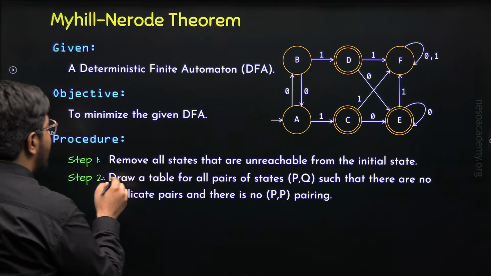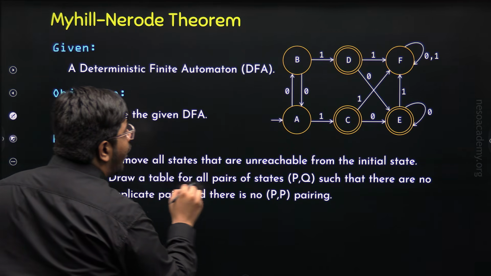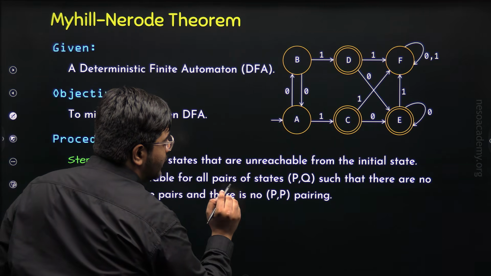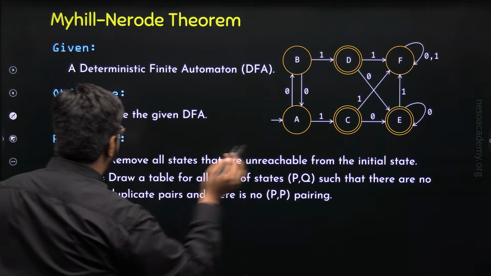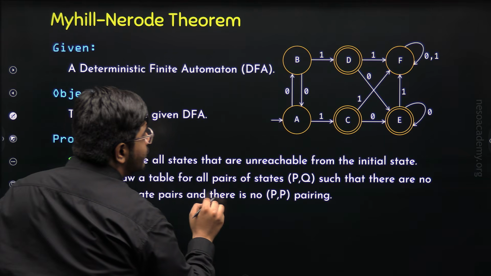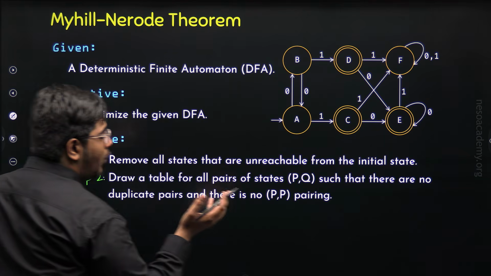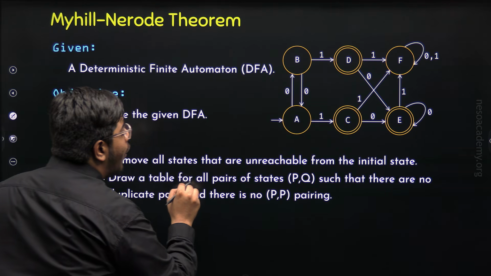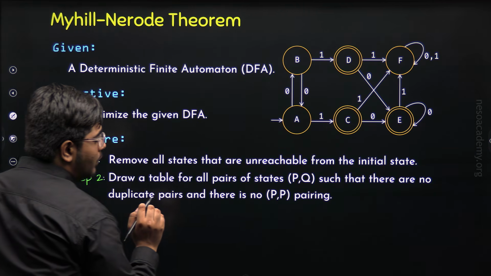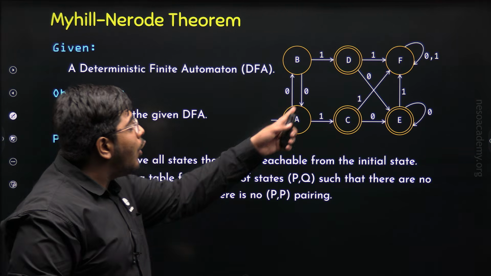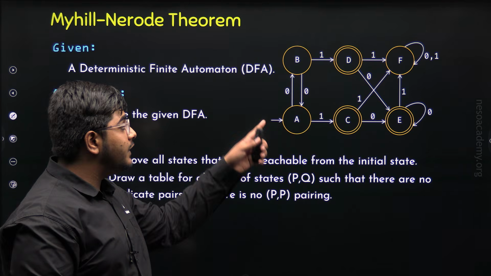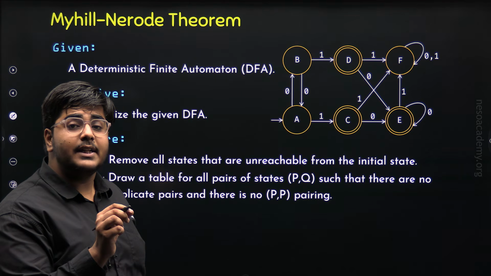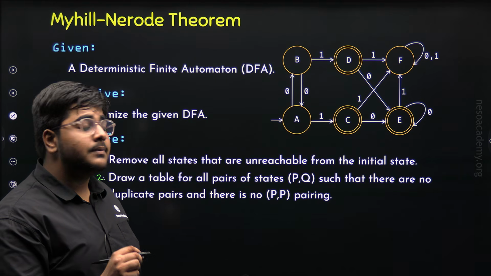Step number 2: draw a table for all pairs of states P, Q such that there are no duplicate pairs and there is no P, P pairing. What does that mean? In step number 2, you need to draw a table for all pairs of states P, Q. That means all the pairs of the states of this DFA should be represented using the table cells.